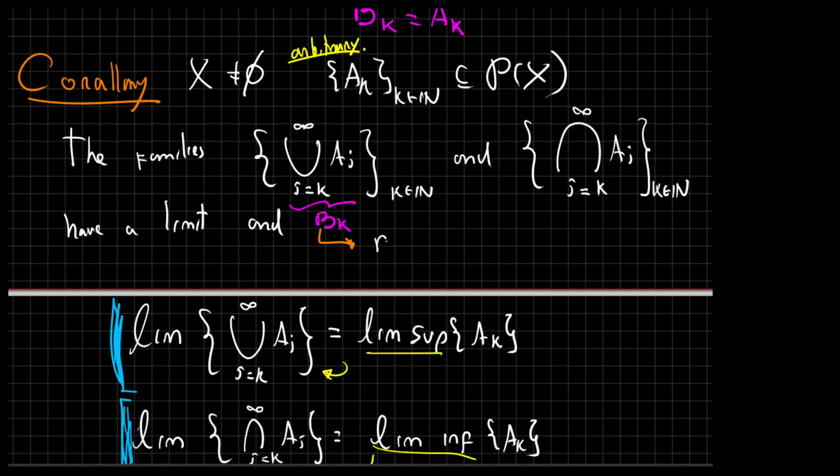So it is obvious that V1 is a subset of V2 and so on. Because for the first, you unite everything. For the second, everything is starting from A2 and so on. So this is an increasing sequence. Since it is increasing, then its limit exists. And the same for the second.